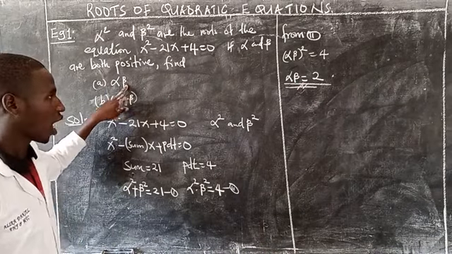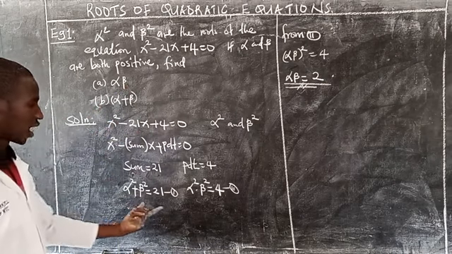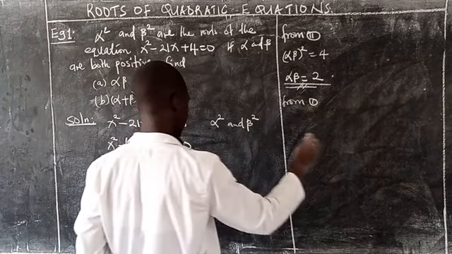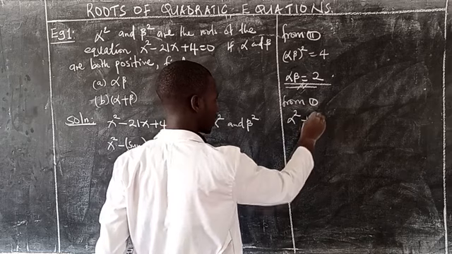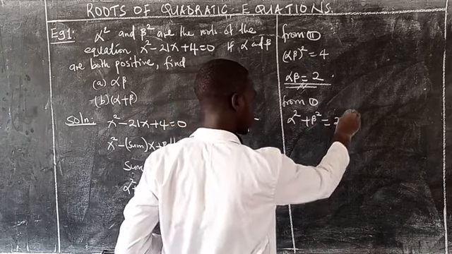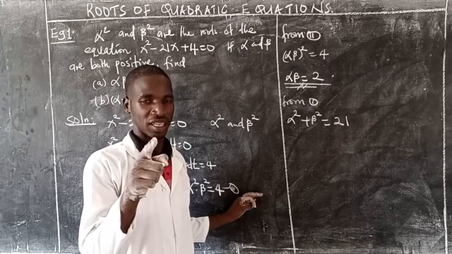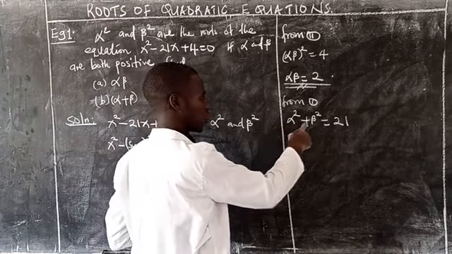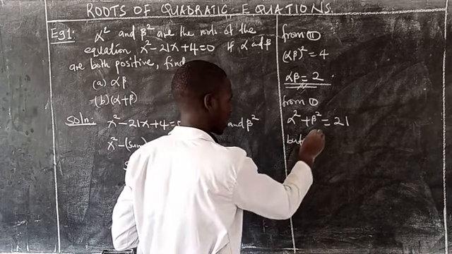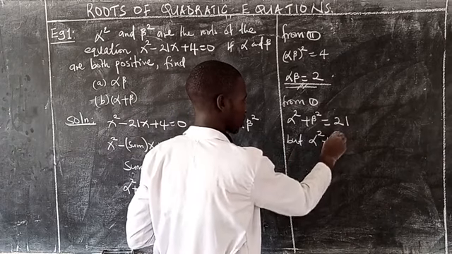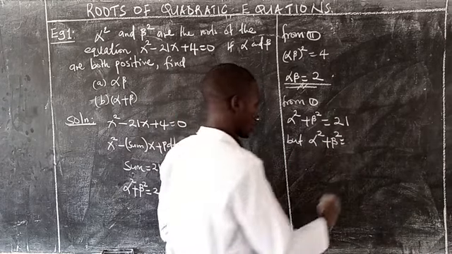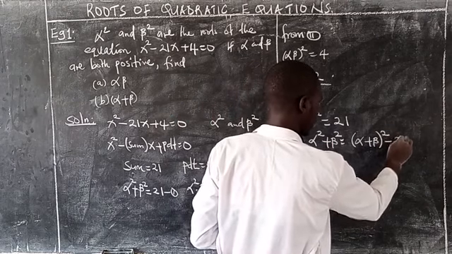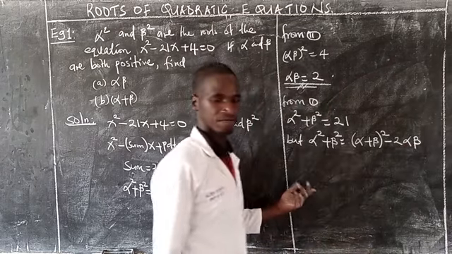What about alpha plus beta? We get that from equation number 1. From 1, we have already seen that 1 says alpha squared plus beta squared equals 21. But don't forget, in our points to note we saw that alpha squared plus beta squared, in terms of sum and product, was equal to alpha plus beta squared minus 2 alpha beta.